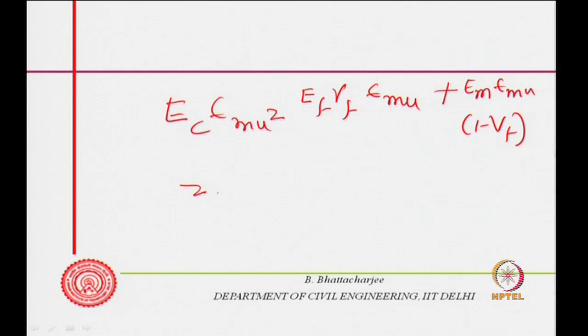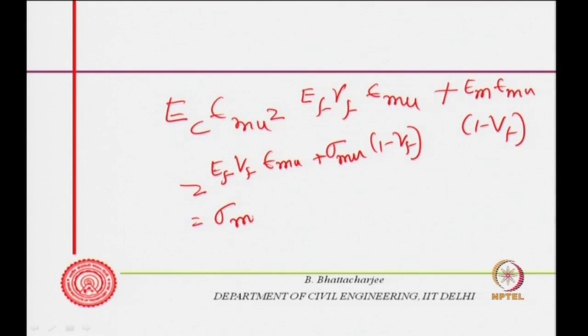So, this I will get as E f V f epsilon mu plus sigma m u into 1 minus V f. If I take V f common, I will get sigma mu out plus E f epsilon mu minus sigma mu into V f.